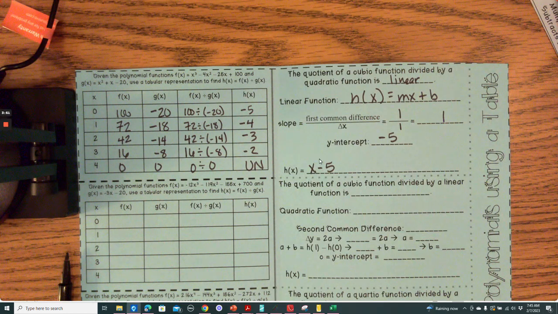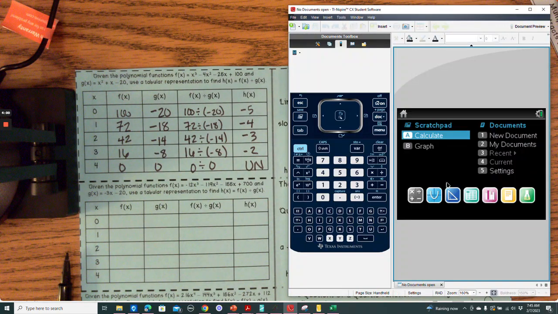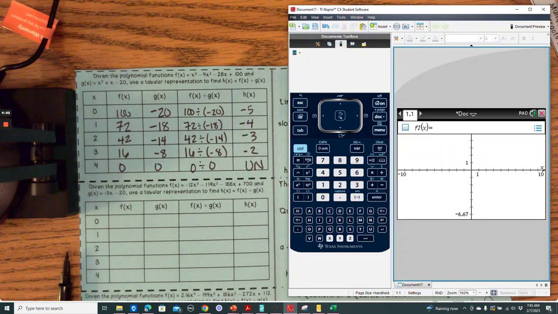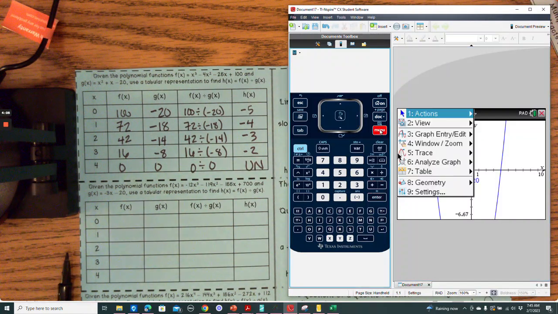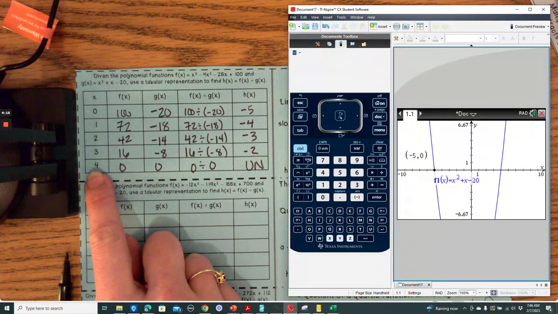The other thing that we have to do, though, we have to find our zeros. And again, you can do that. There's a multitude of ways. I'm just going to graph this. X squared plus x minus 20. I'm going to find my zeros this way. So negative 5, that's 1x. And then our other x is this one right here, 4.